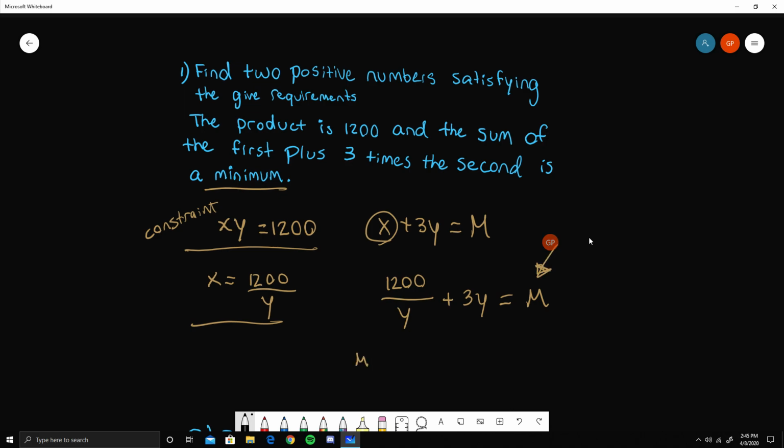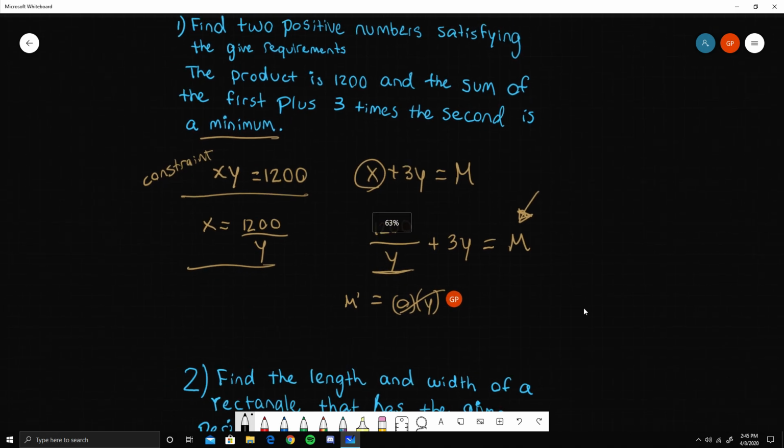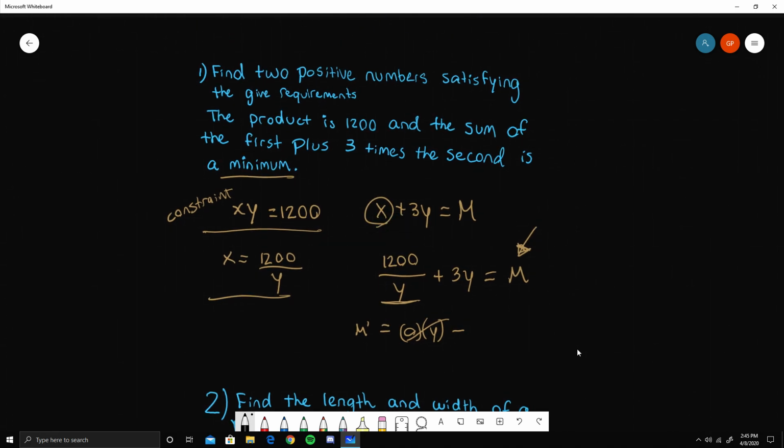And when I do that, I need to use the quotient rule for this part. That's going to give me 0 times y, which cancels, minus the derivative of the second, which is just 1 times 1200, over the bottom squared.